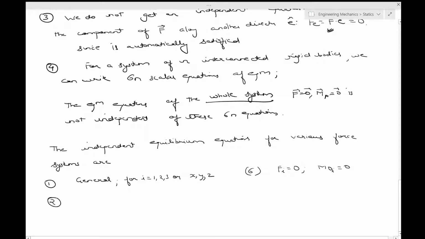Then if you have a concurrent spatial system, meaning in 3D, this would have only three equilibrium equations: Fx equal to Fy equal to Fz equal to 0.